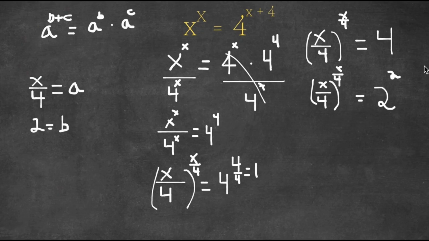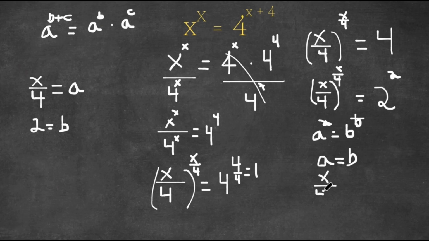Then this would be a to the power of a equals b to the power of b. And that means we can simply cancel these exponents out, and this would result in a equals b. And as we know, a is x over 4 and b is 2. So now, as you can see, we have a simple equation.